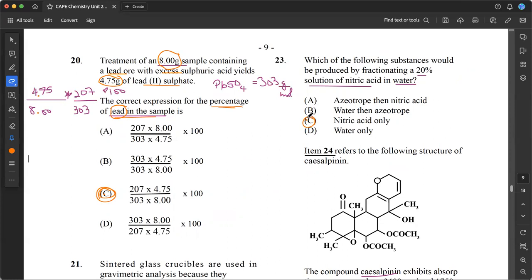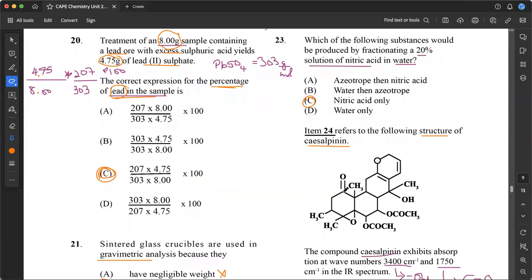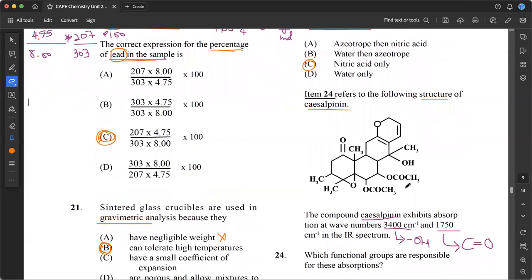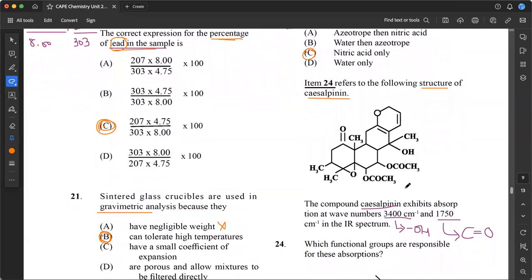And so moving along to 24. 24 shows us the structure of caesalpinene, right? And so let's look at the structure here. What are our functional groups that we can see? We see there's a carbonyl here. What else do we see?